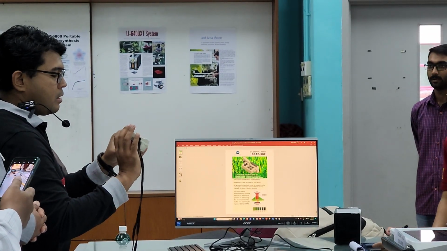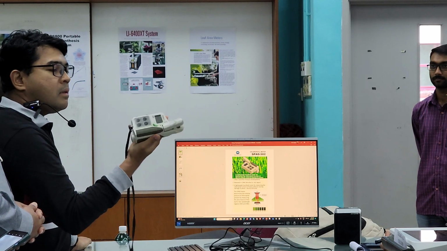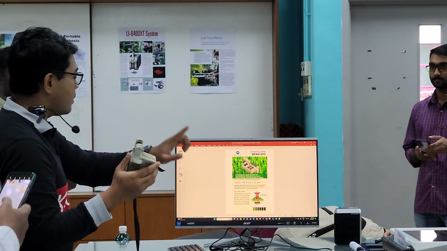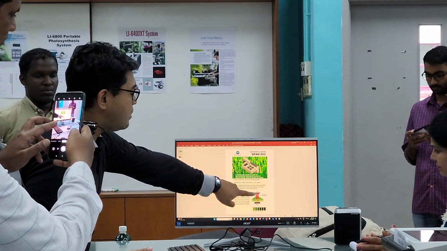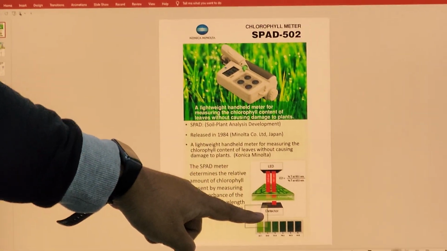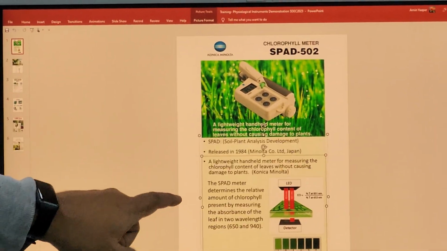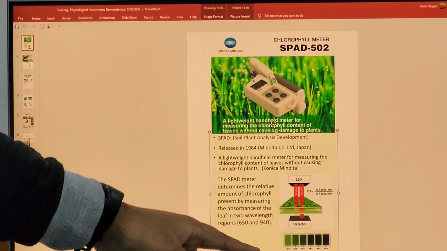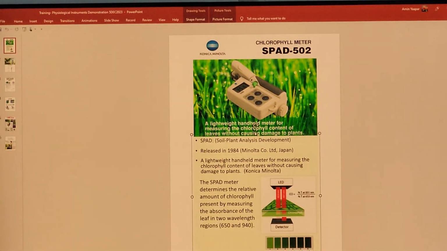The mechanism this thing works is it actually shoots a laser from the top. So you can see here, there are 2 lasers actually shot from the top all the way to the bottom. One laser is 650 nanometer, and the other laser is 940 nanometer. The reason these 2 wavelengths of light are being used is to cover the possibility of chlorophyll.